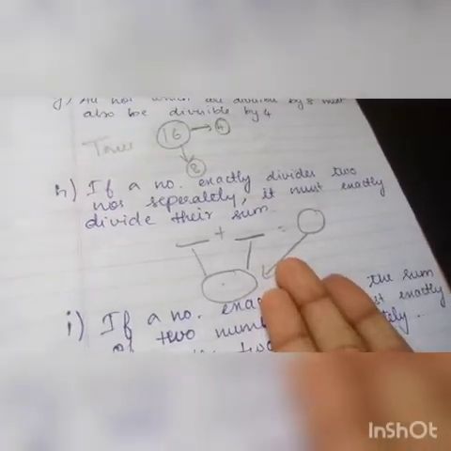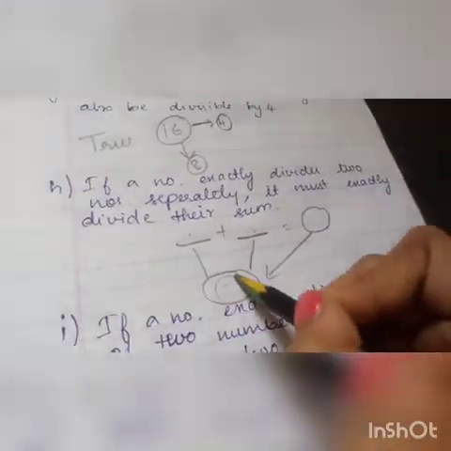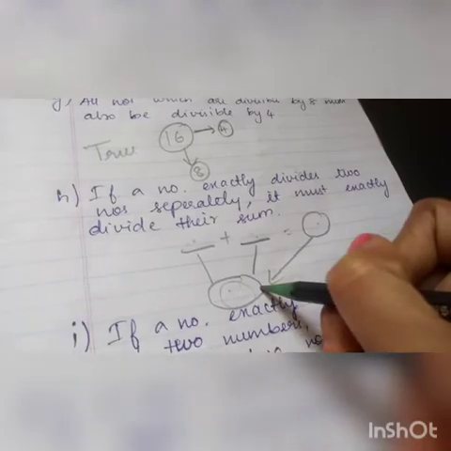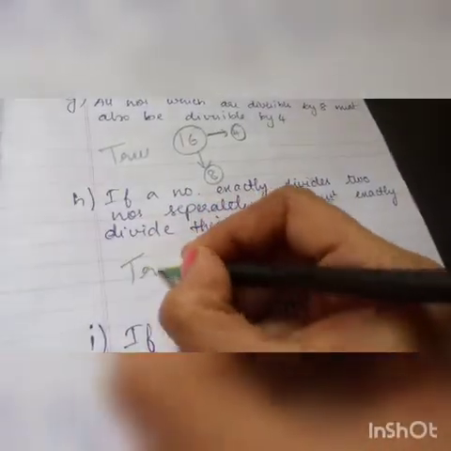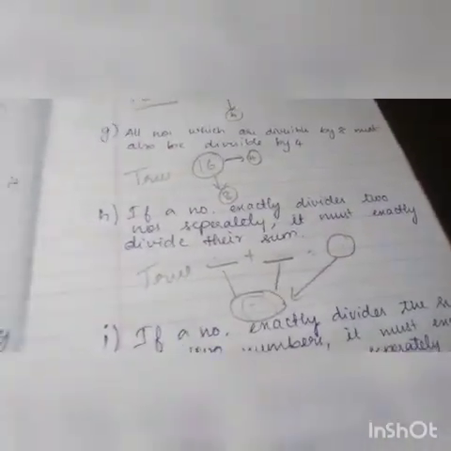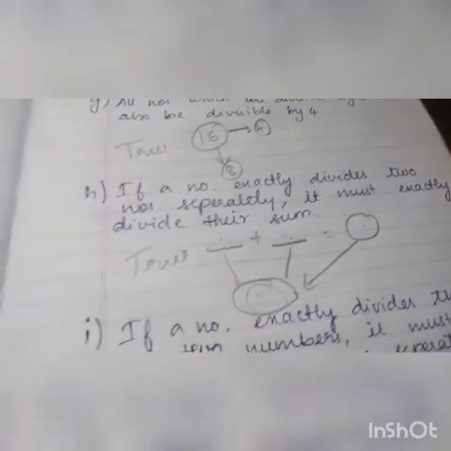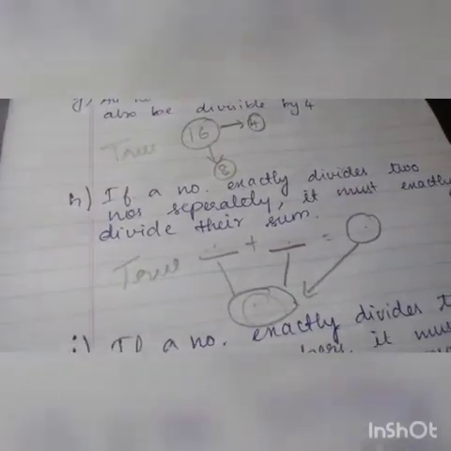Do you remember this rule? If two numbers are each divisible by a number, then their sum is also divisible by that number. Yes, the same rule. So this condition is true. It is rule number 3. Based on that rule, it is given. The only difference is that there they have given divisible, and here they have given divide.